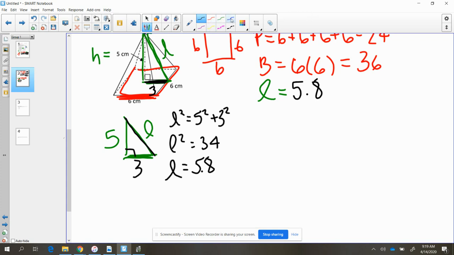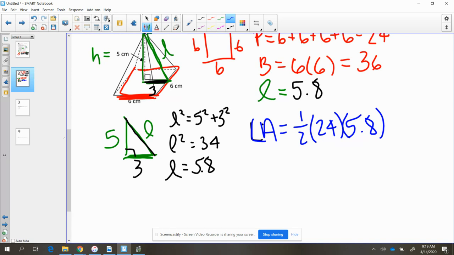Now from there, to find the lateral area, LA, we know it's 1/2 the perimeter of the base times that slant height. So half of 24 times 5.8 is going to give us about 69.6 square centimeters.